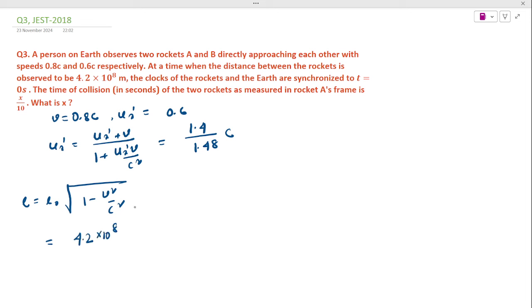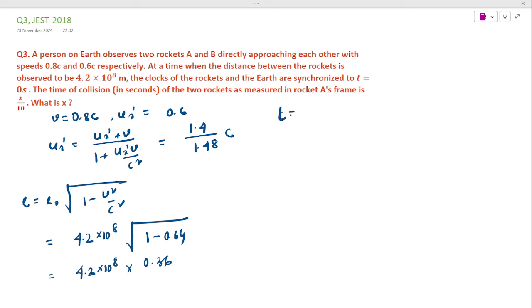Putting in v equal to 0.8 c, we get root over 1 minus 0.64, that is 1 minus 0.36.